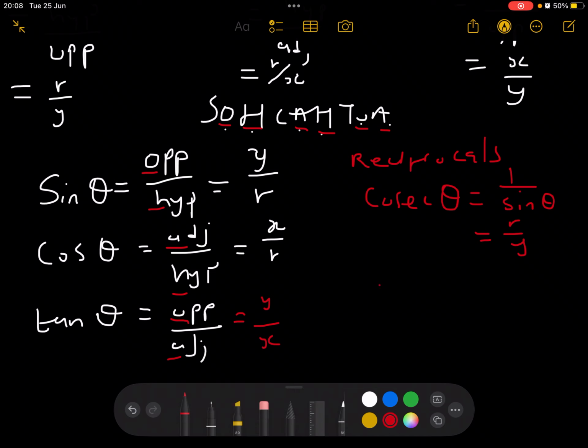Then we have sec theta, which is 1 over cos theta, which is basically r over x, and then cot theta, which is equal to 1 over tan theta, and that equals x over y.